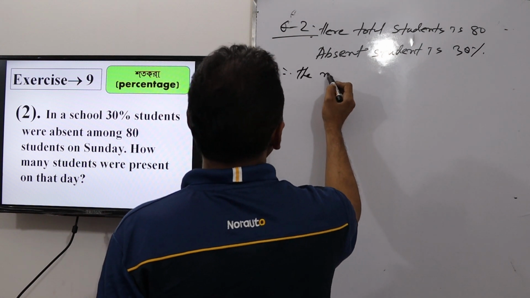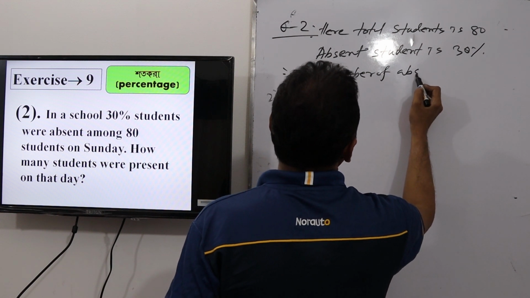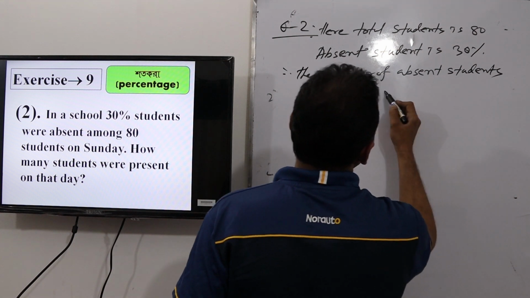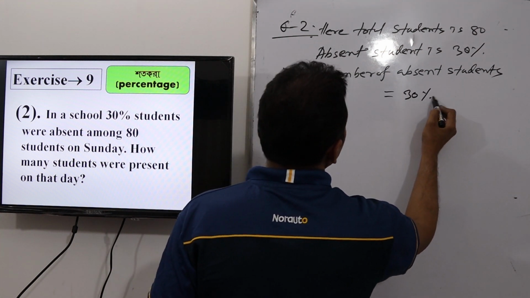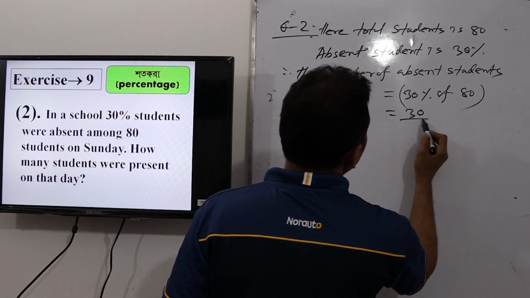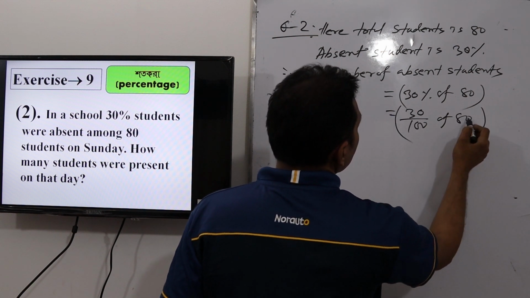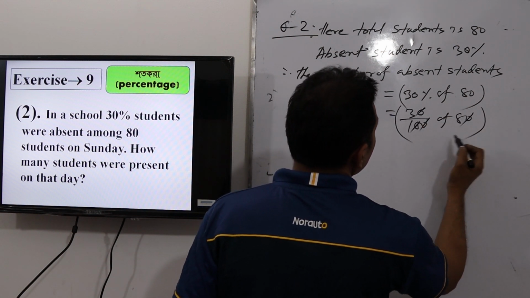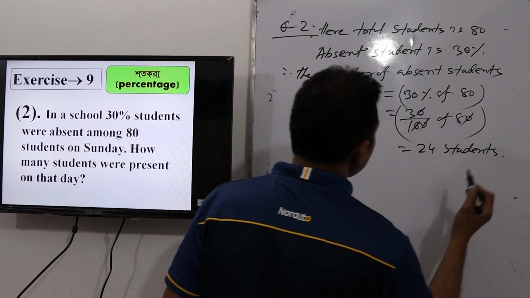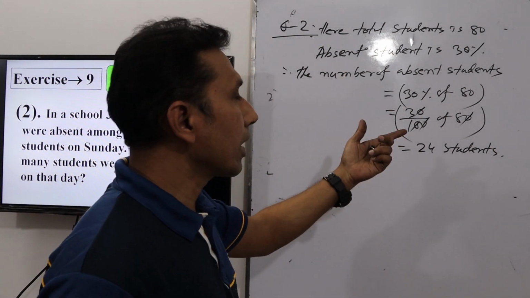Therefore the number of absent students equals 30% of 80. Then 30 divided by 100 of 80, omitting zeros, gives 24 students absent on that day.